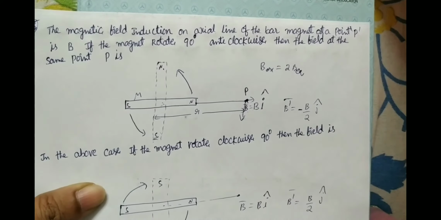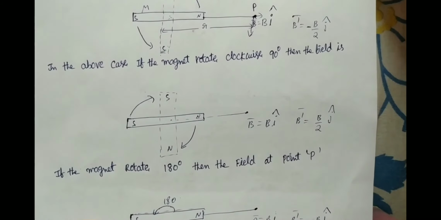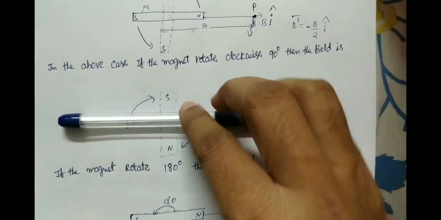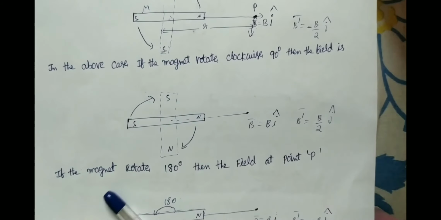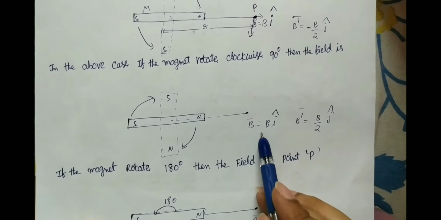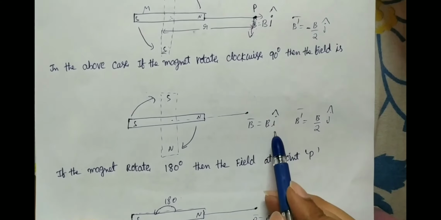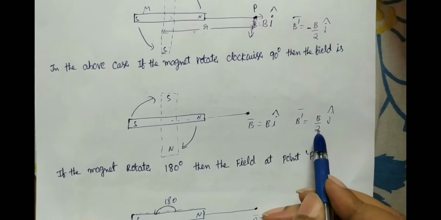In the same case, what happens if the magnet rotates clockwise by 90 degrees? The magnet is like this, and it will rotate clockwise 90 degrees like this. Initial field B î we already discussed. Now if it rotates like this, the field becomes half of the initial field. Why?